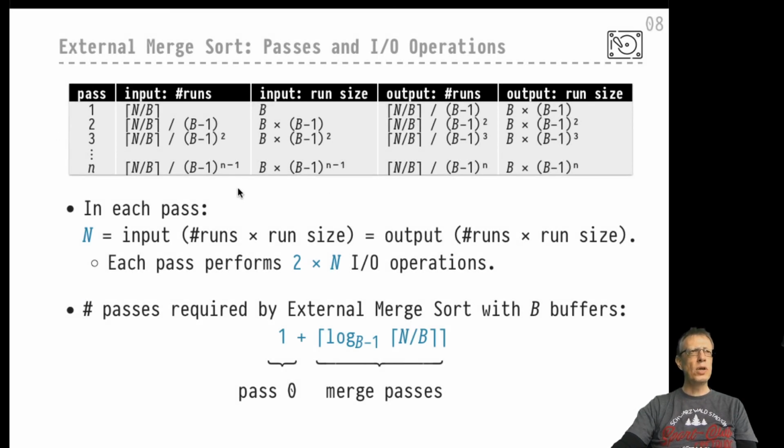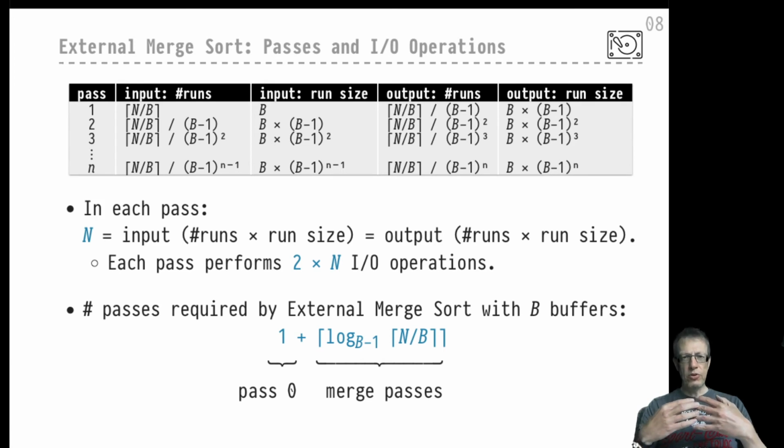So if you look at each of these passes, what is involved in reading and writing these temporary runs, then you will see that the number of runs in the input multiplied by the run size will lead to n. Of course, no row of the input is being forgotten, no other row is being invented.